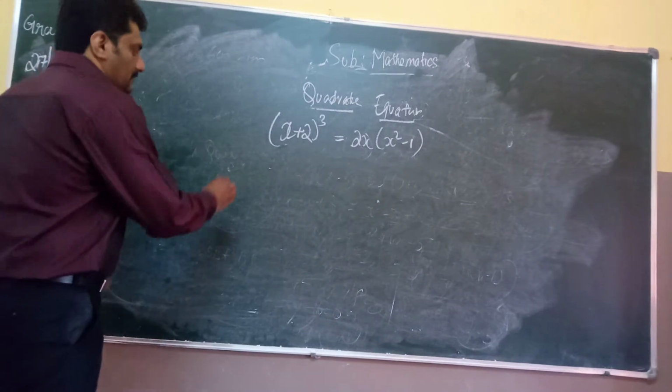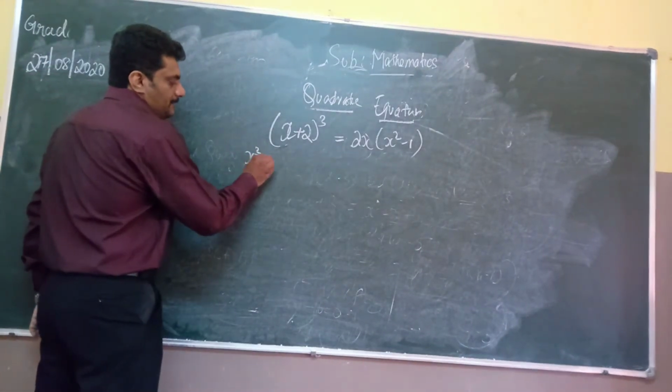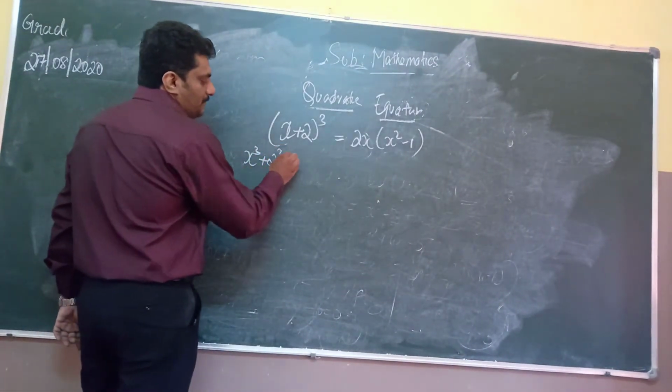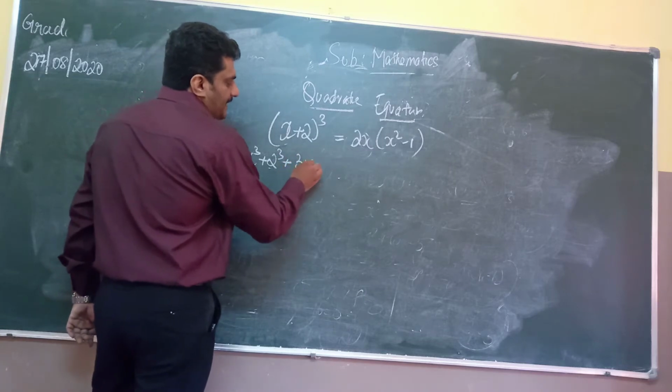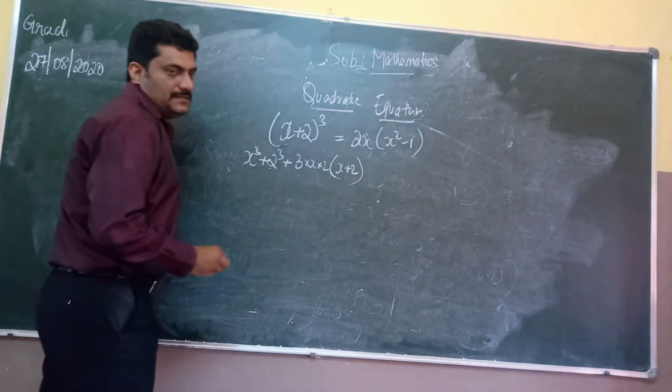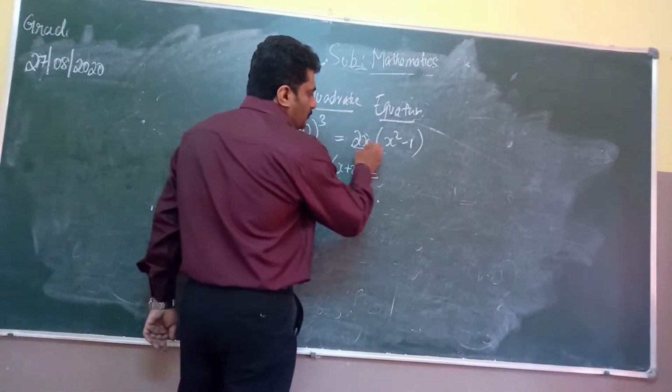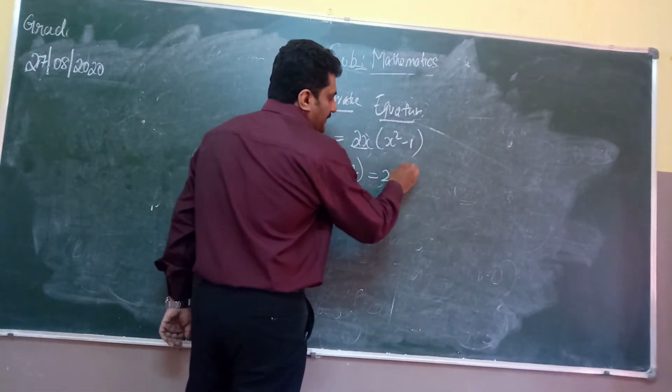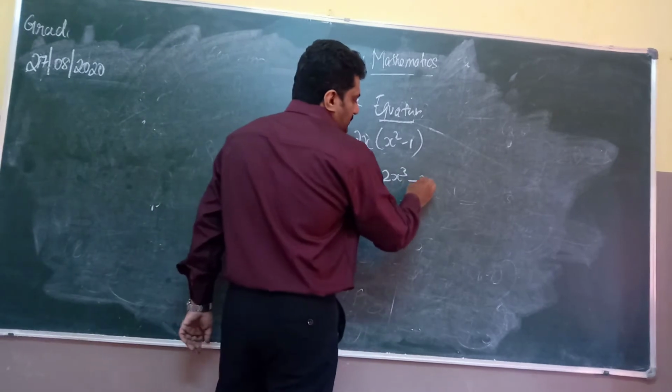How do we do it? x cube plus 2 cube plus 3x times 2 times bracket x plus 2, is equal to 2x into x square, 2x cube minus 2x.